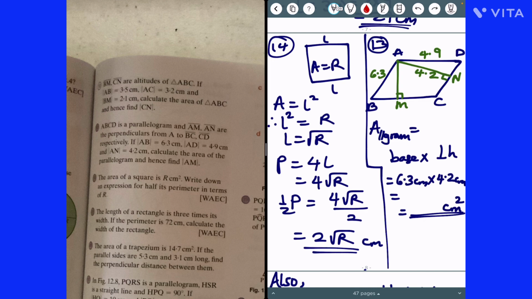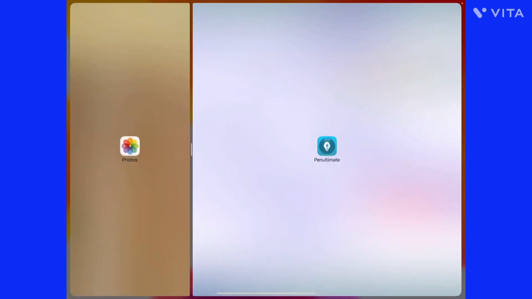Area of a parallelogram is base times perpendicular height. I have a base here, which is 6.3, and it is perpendicular to this vertical height, 4.2. So I can just use that to get my area of the parallelogram. 6.3 times 4.2 will give me the area of the parallelogram.